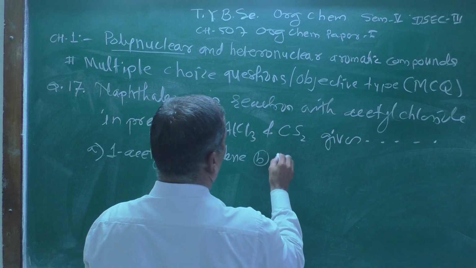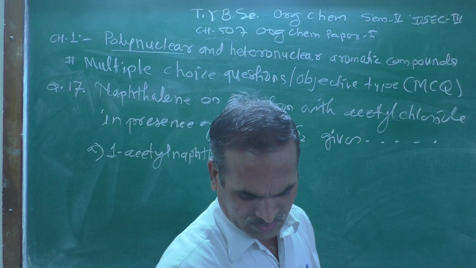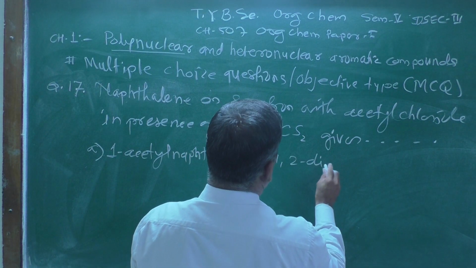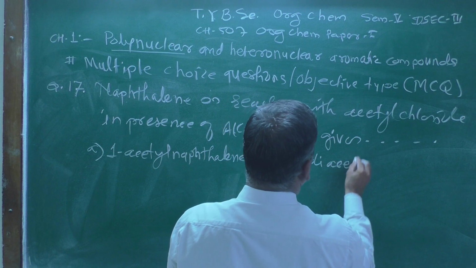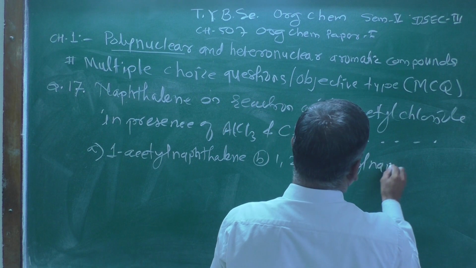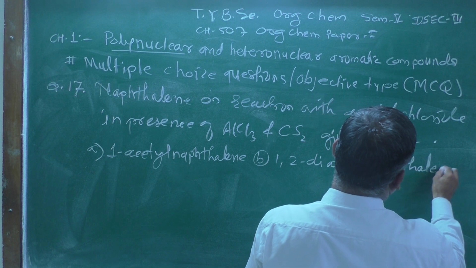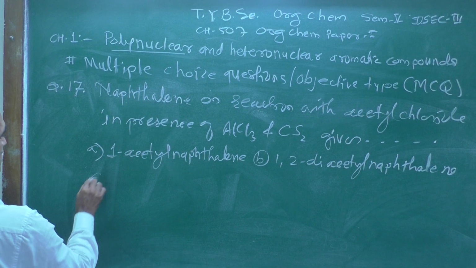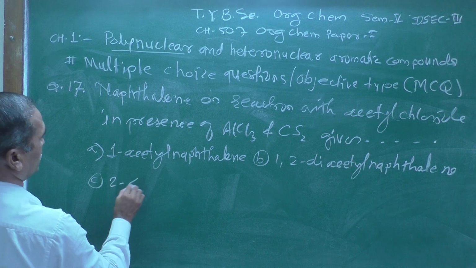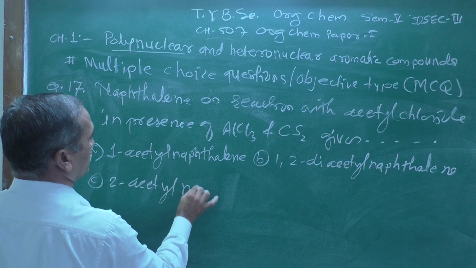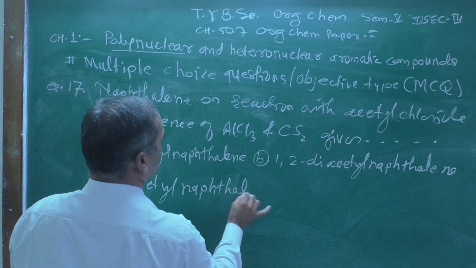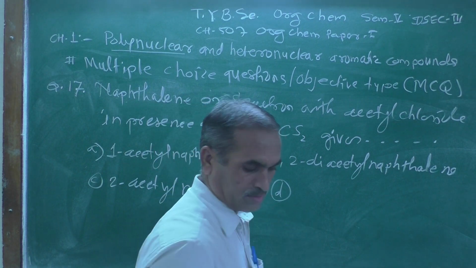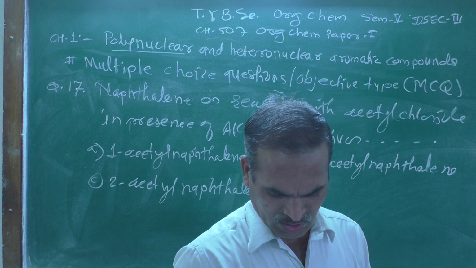B would be 1,2-diacetyl naphthalene, and C would be 2-acetyl naphthalene, and D would be all of these.